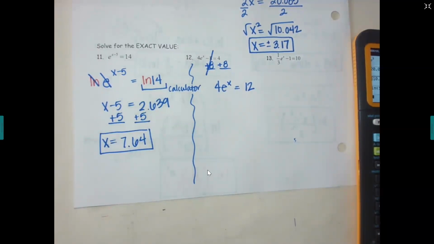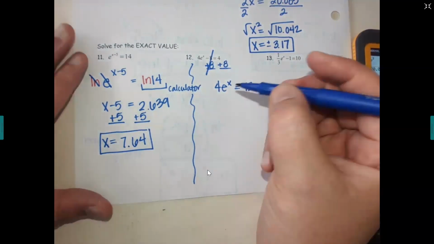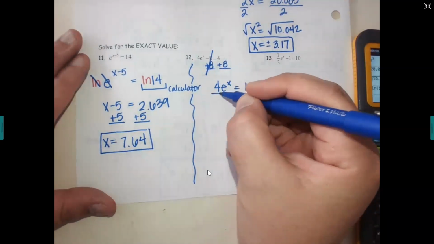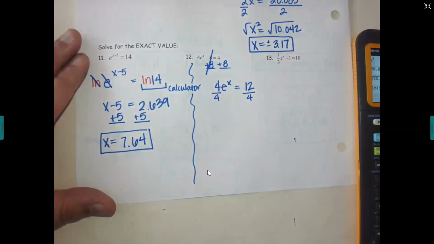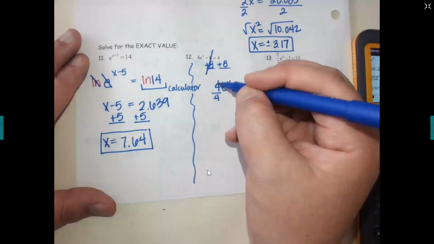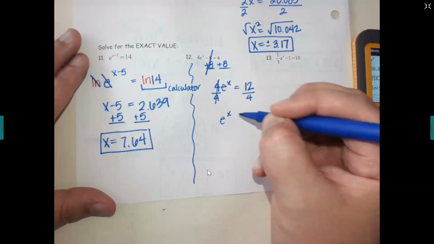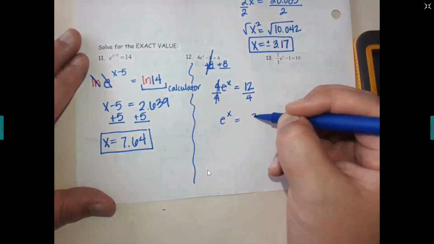Can I ln right now? No, because if I did put an ln, the 4 would be in between them and they wouldn't cross out, and now I just made it worse. So how do I get rid of that 4 out of the way? So if it's multiplied right now, I need to divide. So 4 and 4 are going to cross out. I have e to the x equals what number? That's a 3.